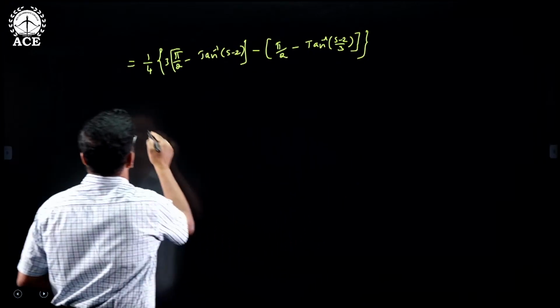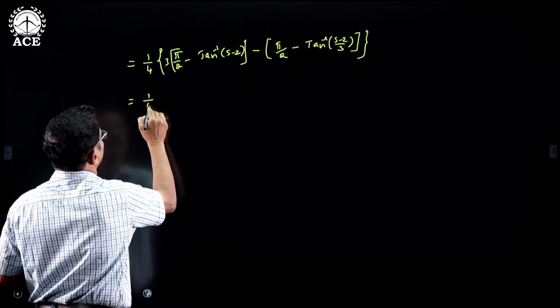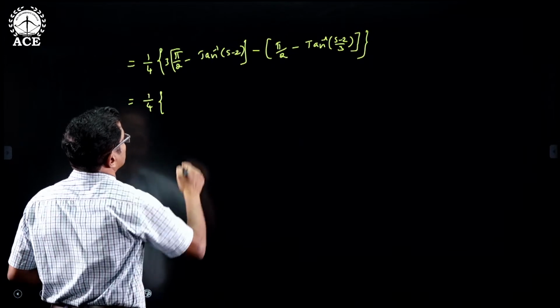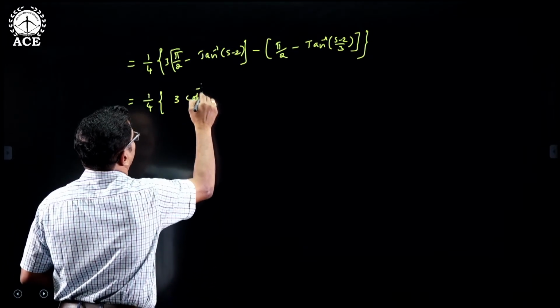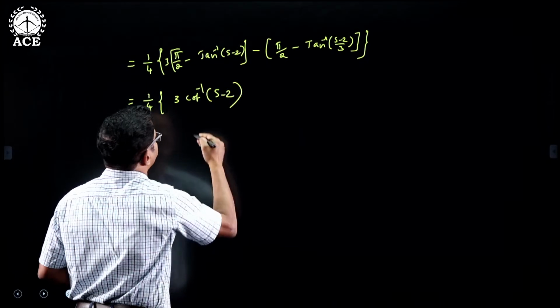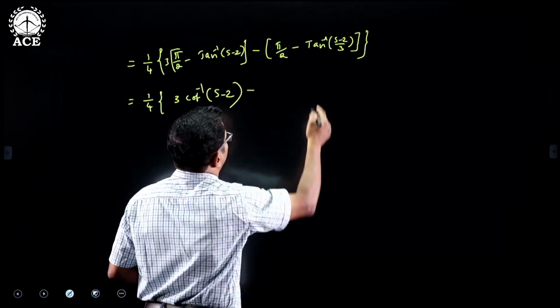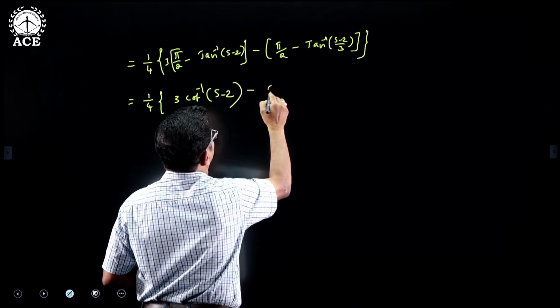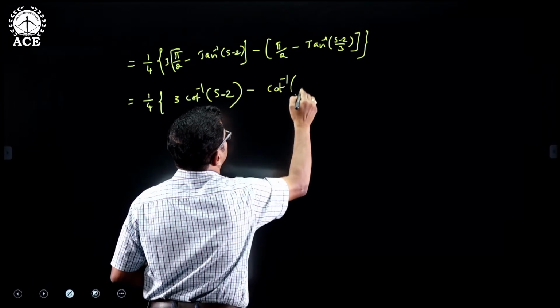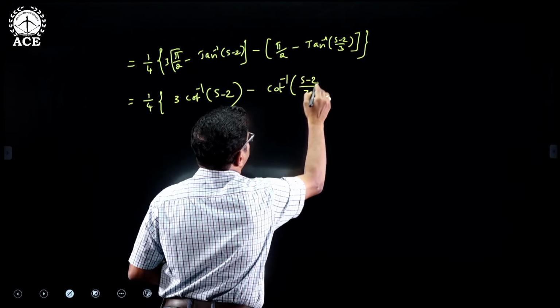Okay. So which is equal to 1 by 4, 3 into, pi by 2 minus tan inverse of s minus 2 means cot inverse of s minus 2, minus pi by 2 minus tan inverse of s minus 2 by 3 means cot inverse of s minus 2 by 3.